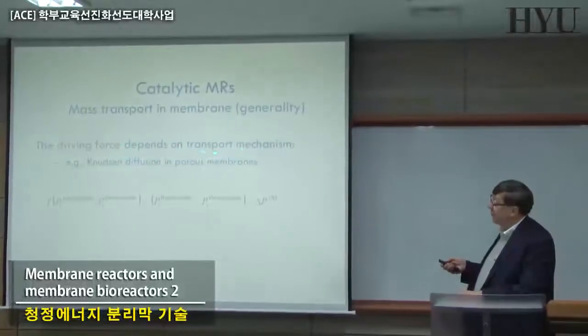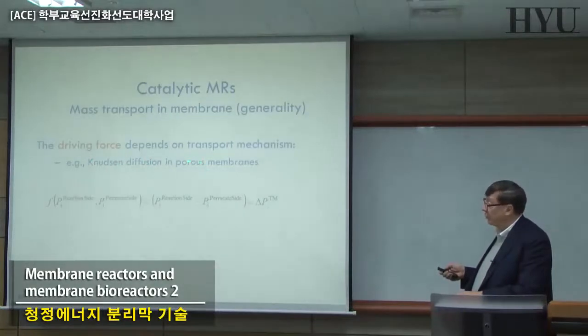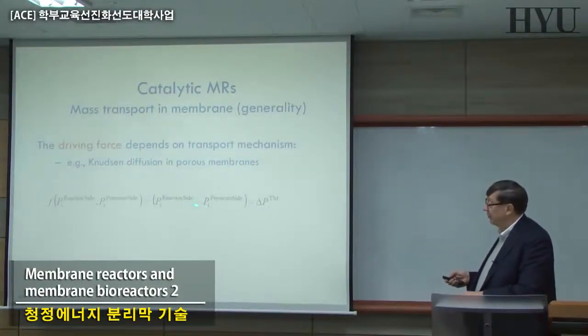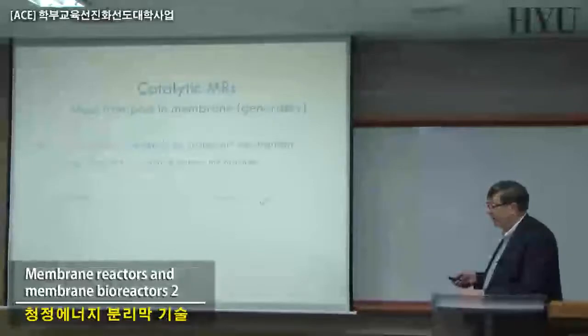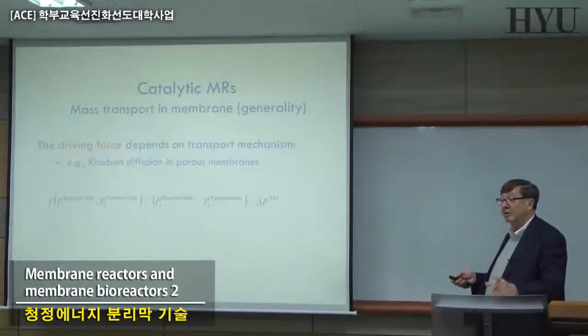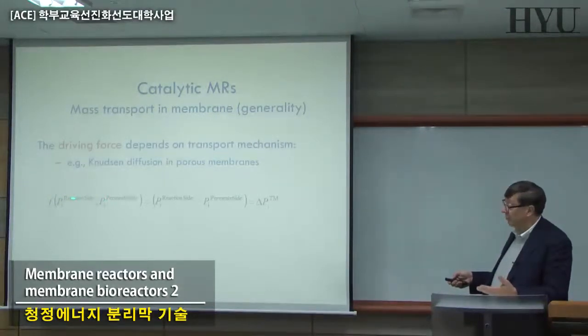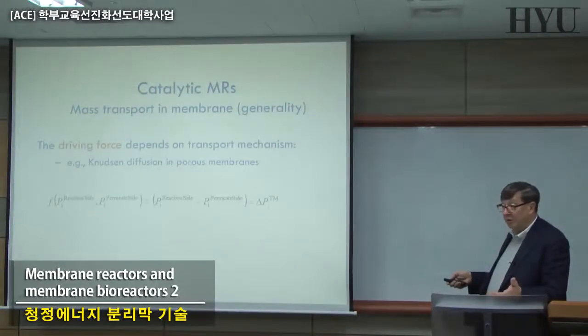The driving force depends on the transport mechanism, so we can have a Knudsen diffusion if the membrane is a porous one. And the Knudsen diffusion, we discussed already, the relationship that characterizes the Knudsen diffusion coefficients, we will see. But the expression of the driving force can normally, in all these cases, be assumed to be a pressure difference, but it cannot only be pressure.